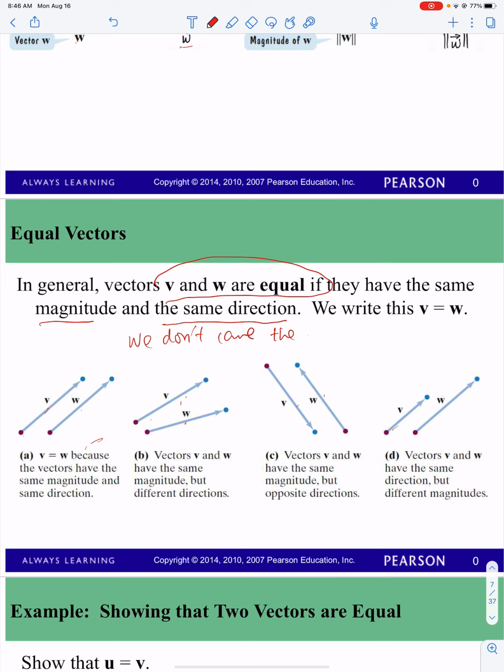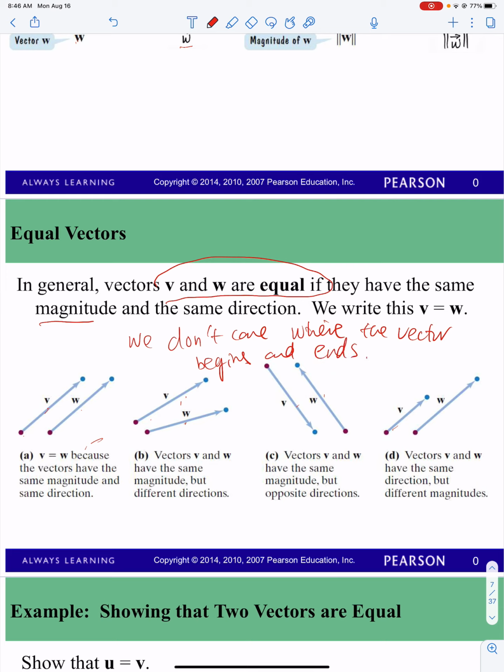For two vectors that are the same, we do not care where the vector begins and ends.